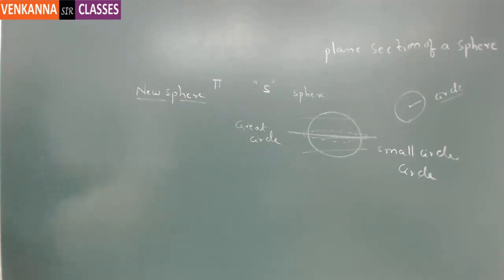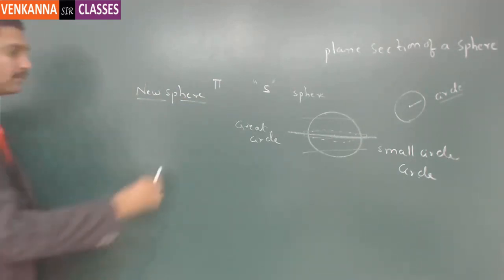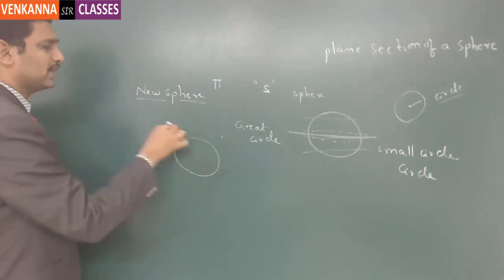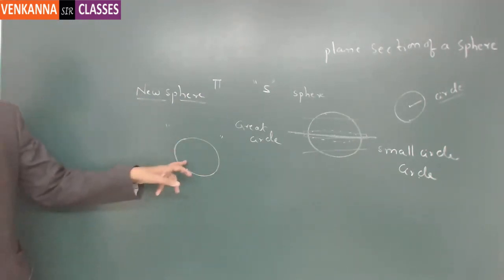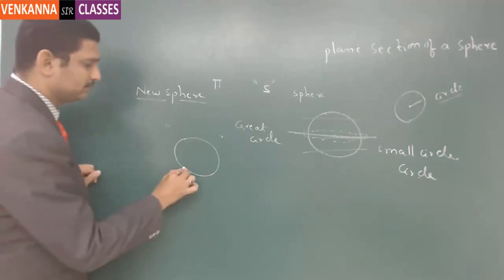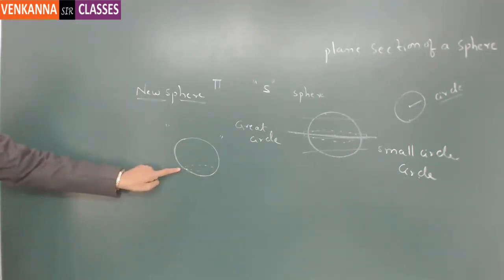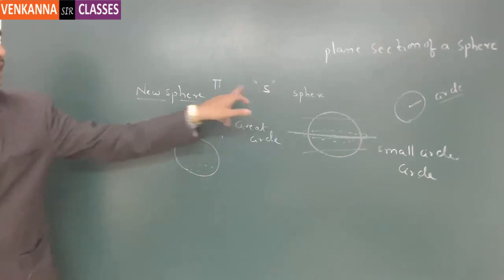So what sphere are we calculating actually? This is the new sphere, which contains the circle on it. So how is this circle formed? It is formed through the intersection of a sphere and a plane.